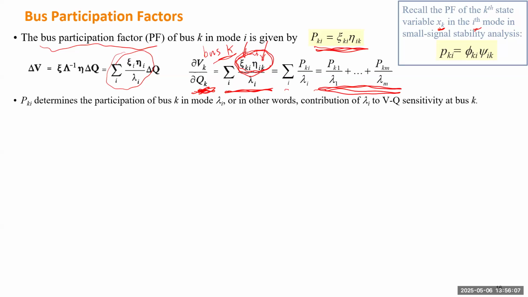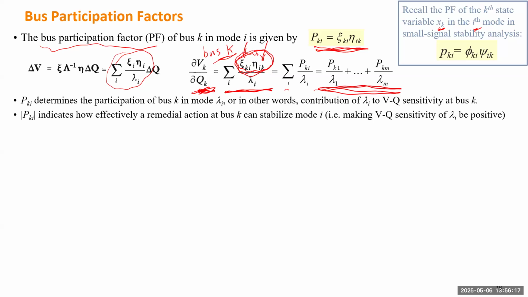So this P_ki will determine the participation of bus k in mode i. In other words, the contribution of this mode to the VQ sensitivity at bus k. The absolute value will tell how efficiently a remedial action at bus k can stabilize this voltage stability mode, can improve the voltage.